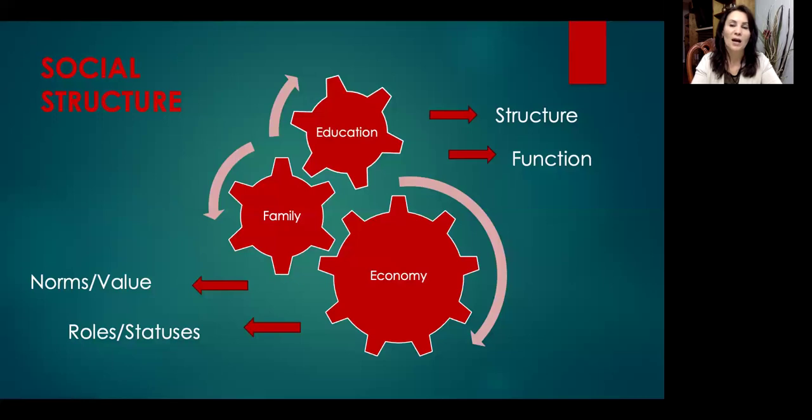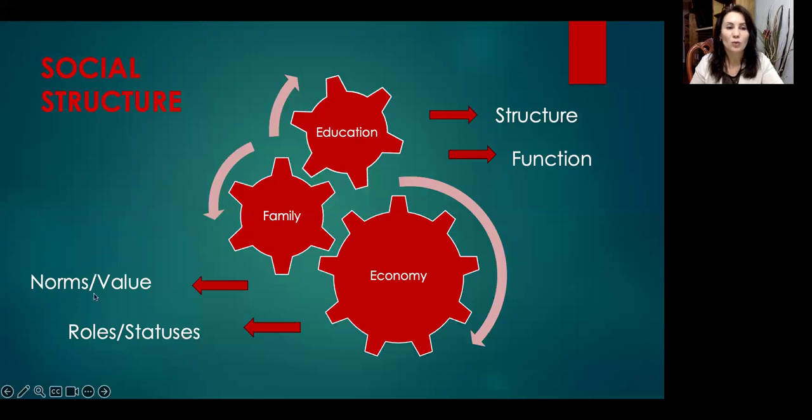And Durkheim rightly thinks that the social institutions look like the organs in our body that work together to keep this balance of a healthy living thing. And if one of them is ill, for example, if there's an economic crisis, all other institutions will also be affected by it.